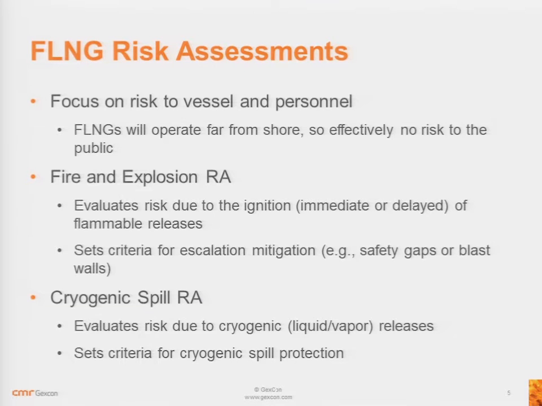The cryogenic spill risk assessment looks at cryogenic releases. They're not quite as dramatic. The videos and animations that I show are always a lot less exciting than the ones my colleagues show where they blow things up. But they're still quite important.